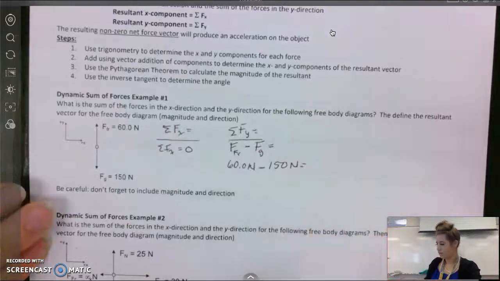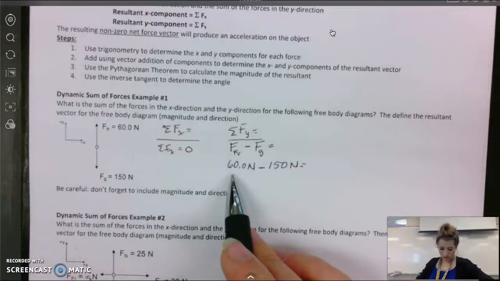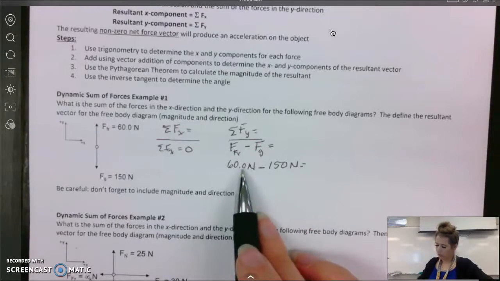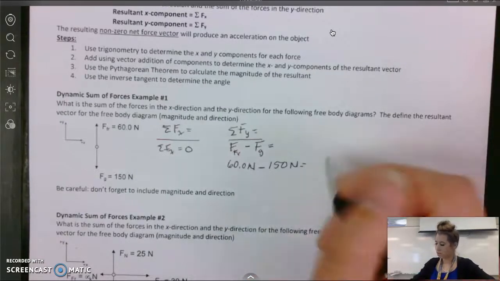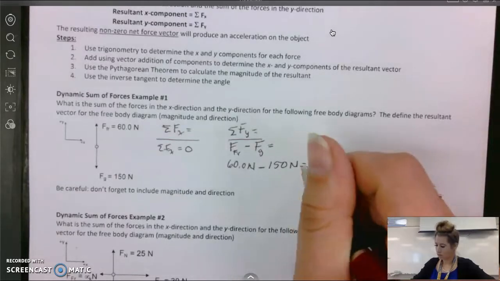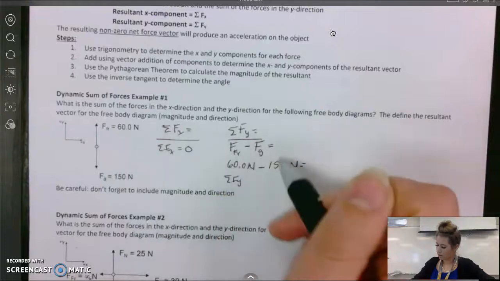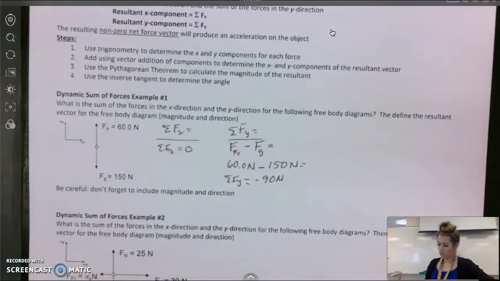Okay. Now let's go through and talk about sig figs because we're subtracting. So our 60 here minus the 150, well, we have 1 digit after the decimal place there, okay? And then we don't have any digits after the decimal place here. And so our answer is not going to have any digits after the decimal place. So the sum of the forces in the y direction is going to equal negative 90 newtons.